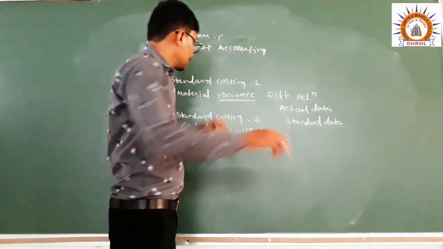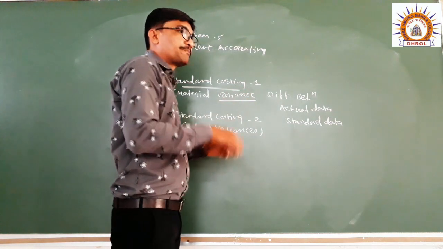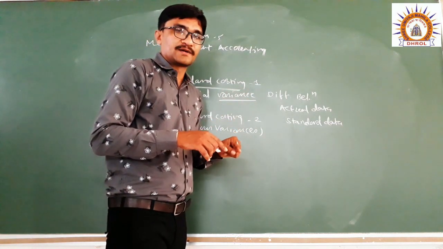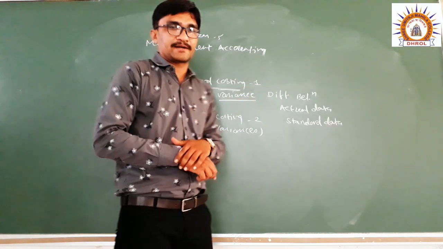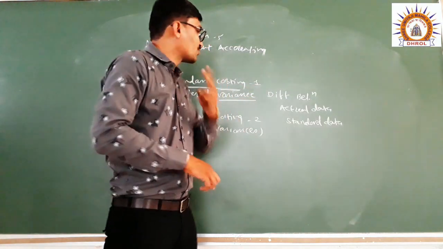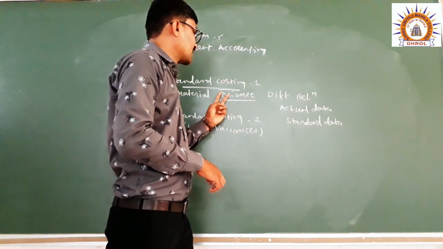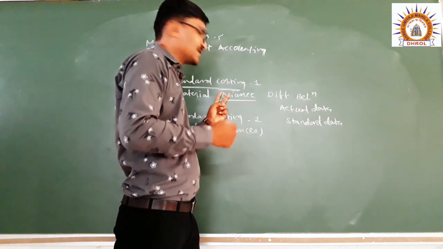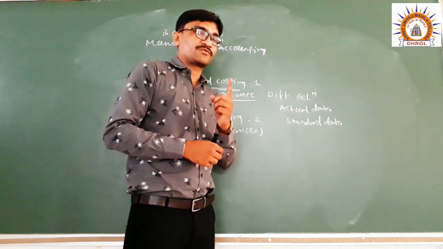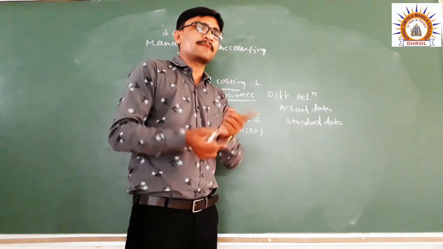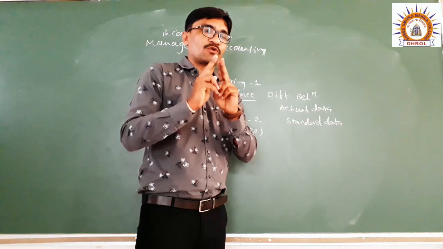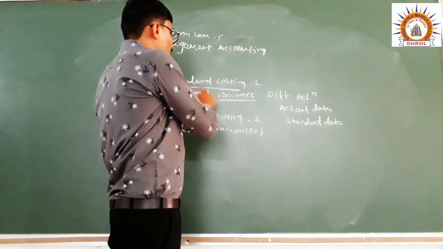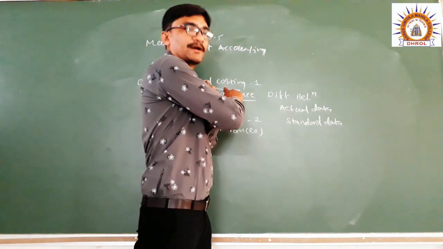Standard costing requires a predetermined set of data, so it requires historical data. Two major things are discussed here: historical cost and predetermined cost. With a combination of these two types of cost, standard costing is made.